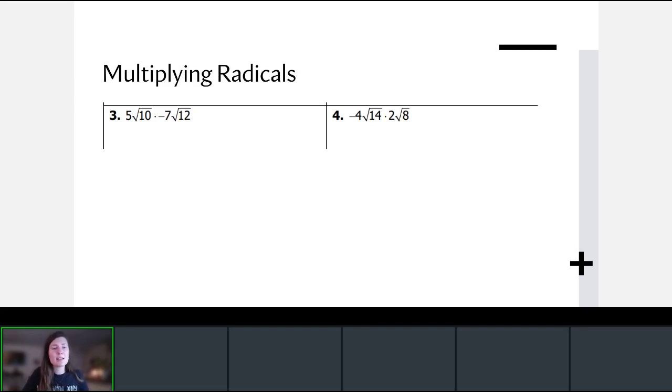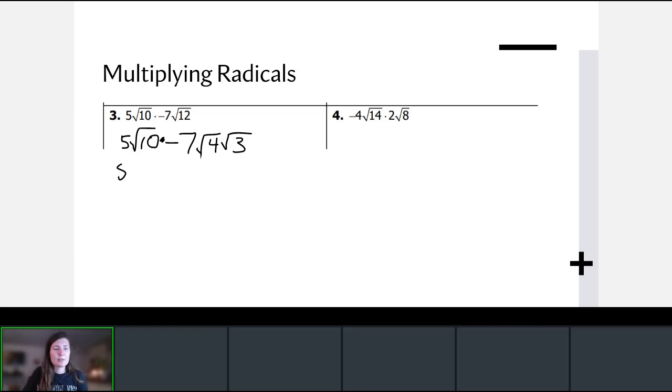Now, 5 root 10, root 10 cannot get simplified, but 12 can. So let's actually break down the square root of 12. It's going to end up being the square root of 4 times the square root of 3. And I didn't mean to make that look like a minus there. Sorry, this is a whole times thing here. This is times -7 root 4 root 3.